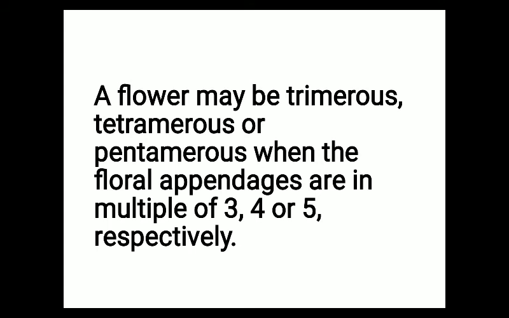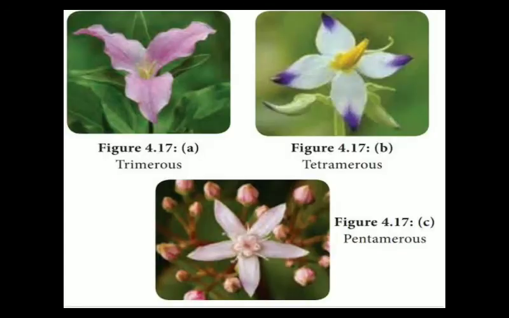Now, a flower may be trimerous, tetramerous, or pentamerous when the floral appendages are in multiples of 3, 4, or 5 respectively. So, another method by which we can categorize flowers is on the basis of the floral appendages present in them. If the floral appendages are in multiples of 3, then it is known as a trimerous flower.